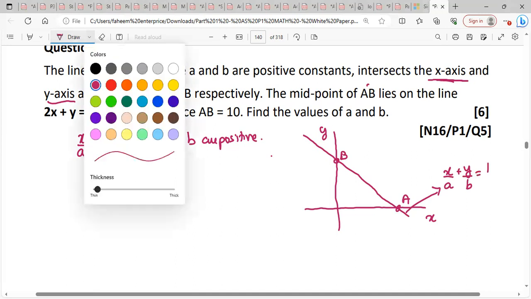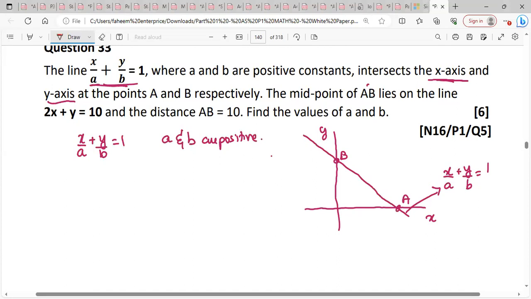And if it intersects the x-axis and y-axis, I can give names to the coordinates. This can be (a, 0) and this can be (0, b). Because normally, the coordinates are defined that way. So through the coordinates, we can find the midpoint.